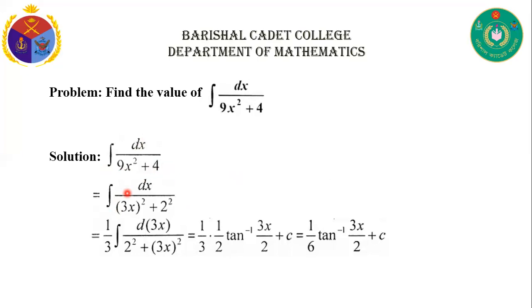So 4 by 9 we replace with 2 by 3 whole square, that builds up x square plus a square, where a is 2 by 3. Then there is no disturbance. So you can solve this type of problem in two ways.